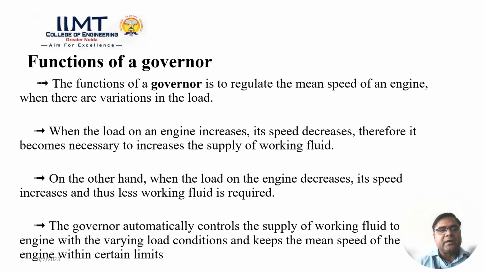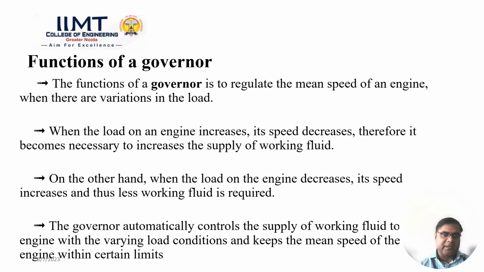In this slide we basically discuss the supply of the fuel according to the loading condition. First condition, when the load on the engine increases: whenever we increase the load on the engine, its speed decreases. Therefore it becomes necessary to supply more working fluid inside the engine cylinder to maintain the mean speed of the engine.